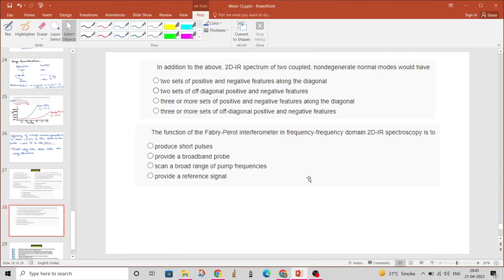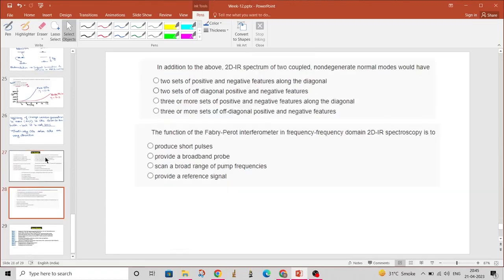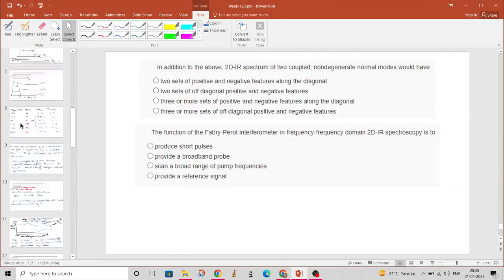This is related to the last two lectures of the course, which includes two-dimensional vibrational spectroscopy. Okay, so that's all for today.